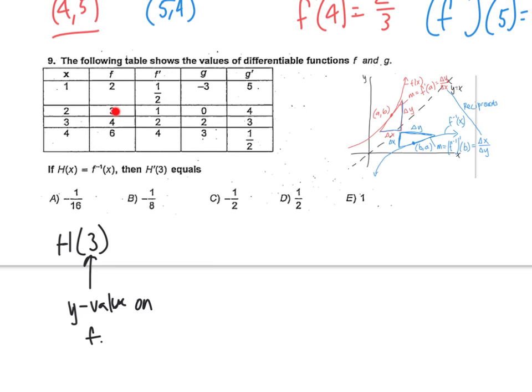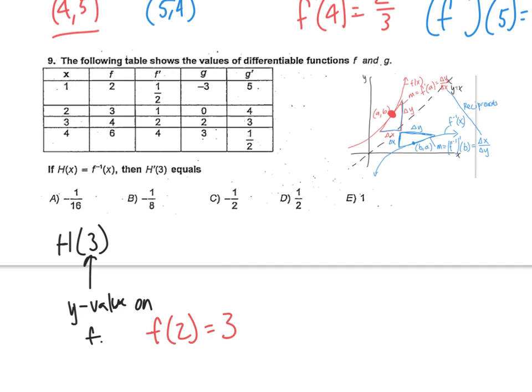If I wanted to find the x value that gives me a y value of 3, I come over here and look at this, and this is 2. So what I'm going to write here is that I have the point f of 2 is equal to 3, and that's denoting my point right here.